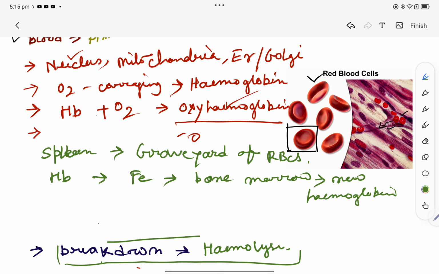And the protein part, that is the globin protein, becomes biliverdin.